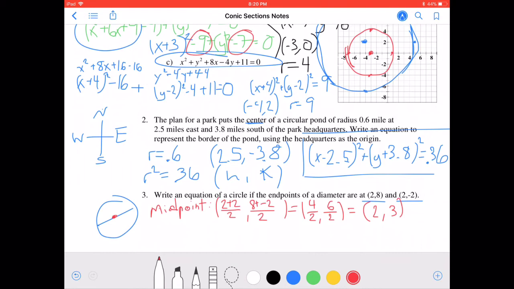We would then actually have to find the distance between the center and one of the points it gave us up here. So distance is equal to the square root of, doesn't matter which order, we just need to choose one of these. Let's just choose 2 and 8 because they're both positive, and then the center, which is 2 and 3.